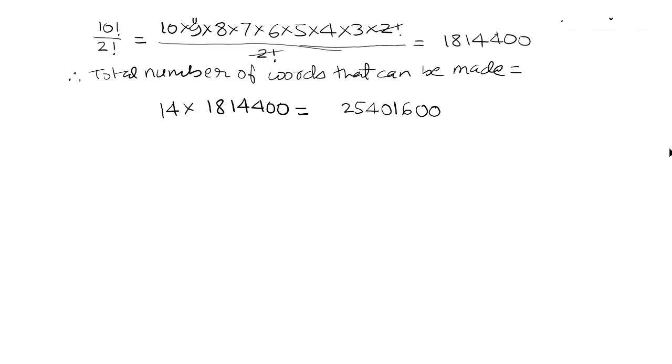So this gives us 25401600 words that can be made where P and S have 4 letters in between them from the letters of the word PERMUTATIONS.